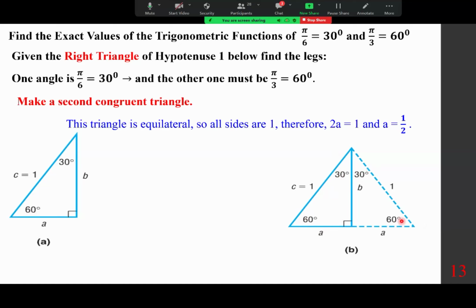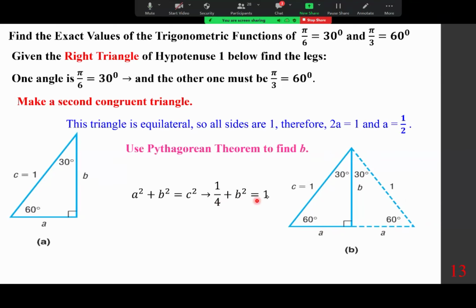So we're going to go with the Pythagorean theorem, a squared plus b squared equals c squared. This is 1, so a is 1/2. When you square it, you get 1/4. B is missing. We're going to find it.